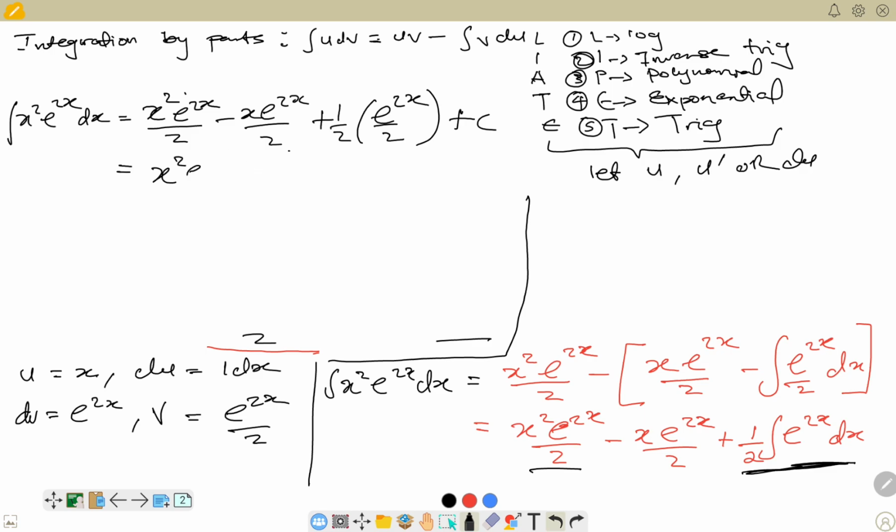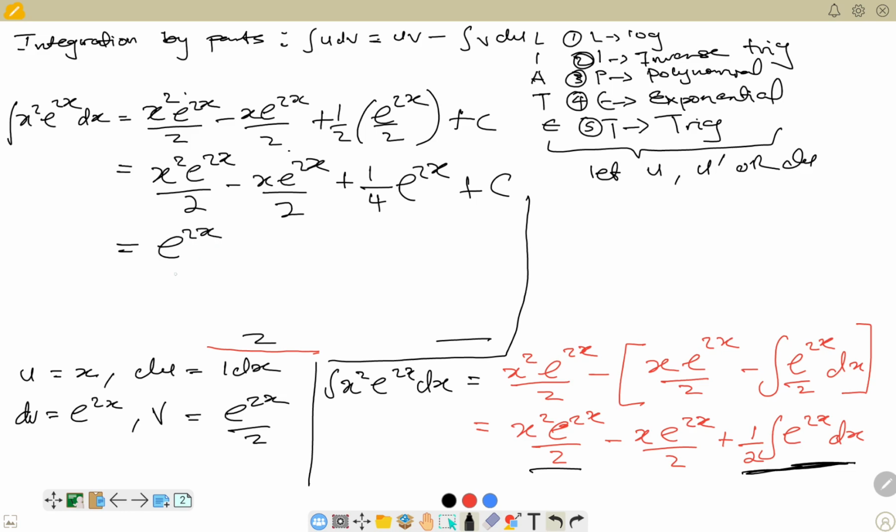This can be simplified to give the following here. We can see that now we have 1 over 2, and then when we multiply by 1 over 2 inside that bracket, we'll have 1 over 4. So now we do not have brackets anymore, so we can take e to the power 2x as a common factor.